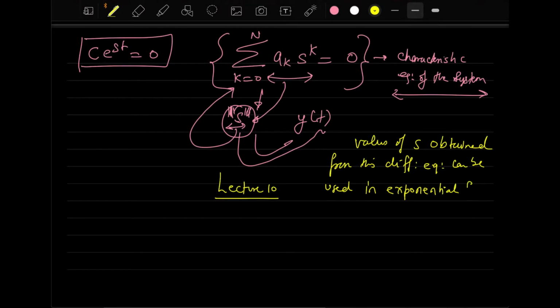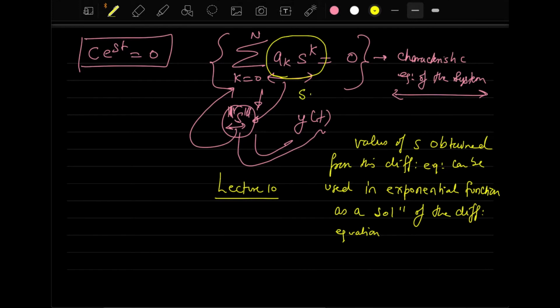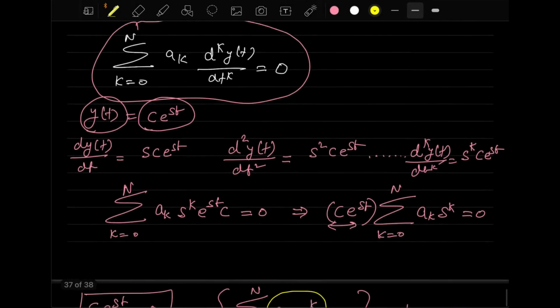So you can use these as the exponential functions as a solution of the differential equation. What I am saying here is that by solving this particular equation, you will get different values of s, like let's say s1, s2, s3, something like this. So you can use these values of s to find the solution of this differential equation which is given over here.